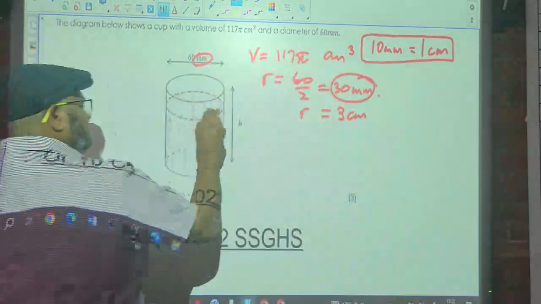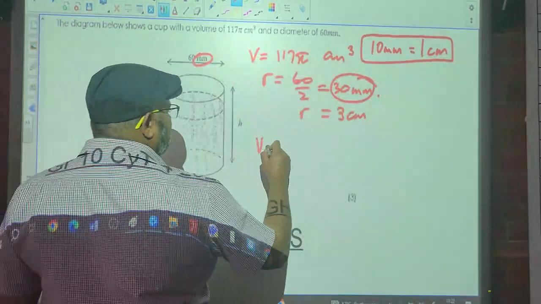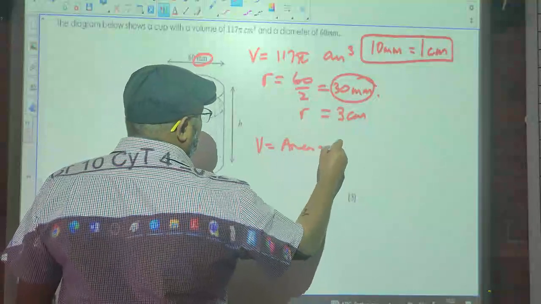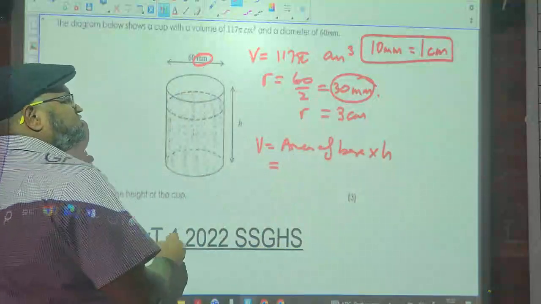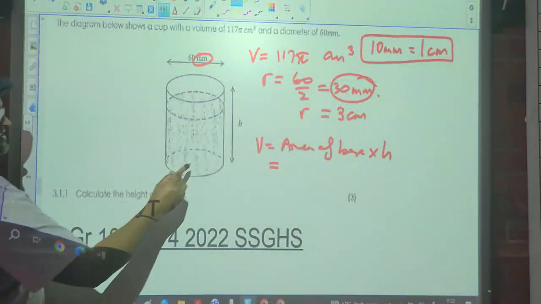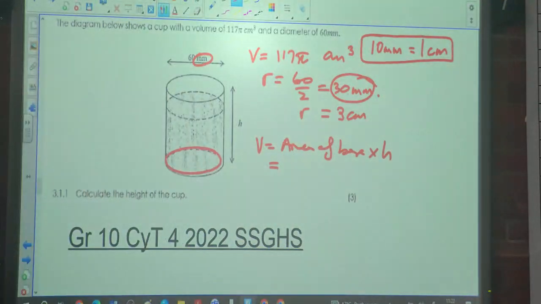People, how do you calculate the volume of this object? Volume is equal to area of base times height. What type of shape is this base? A circular base. What type of shape is this? It's a cylinder.